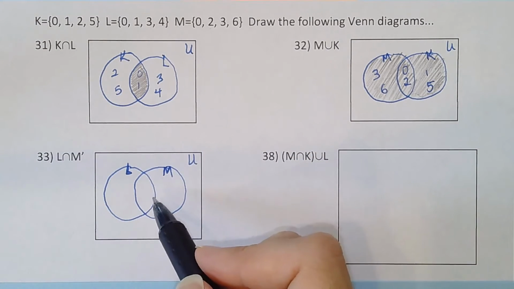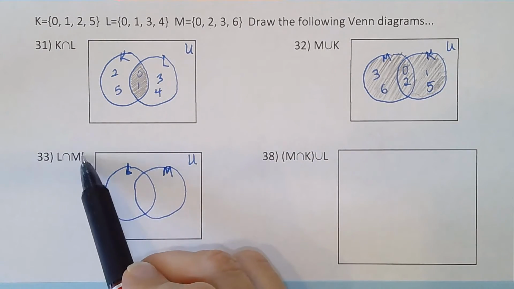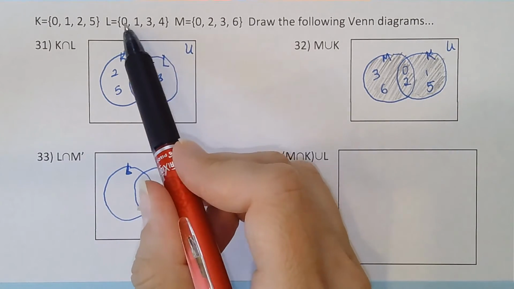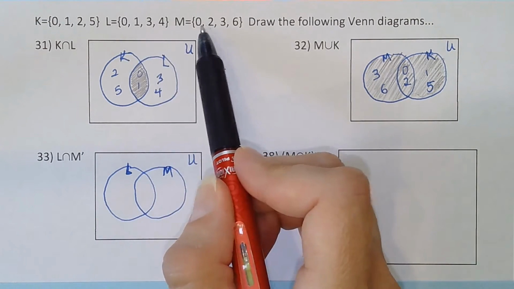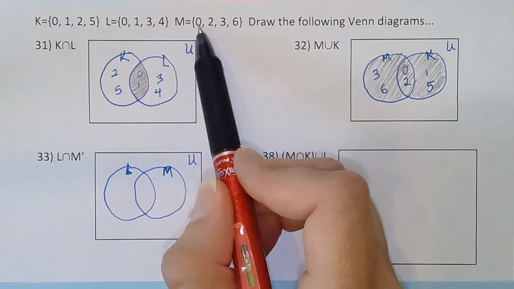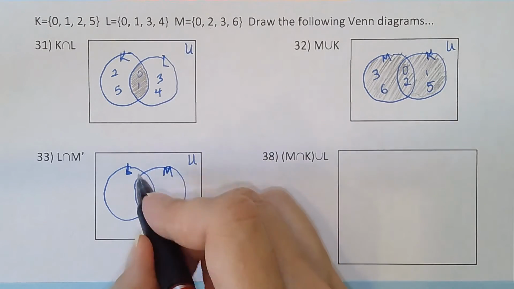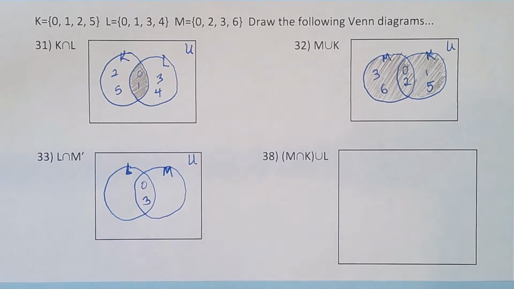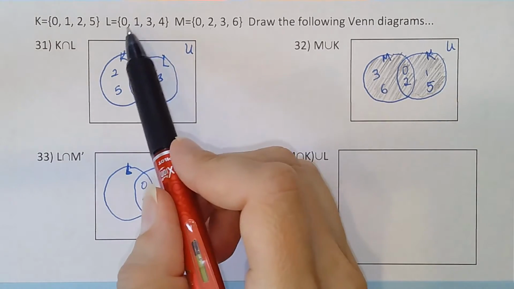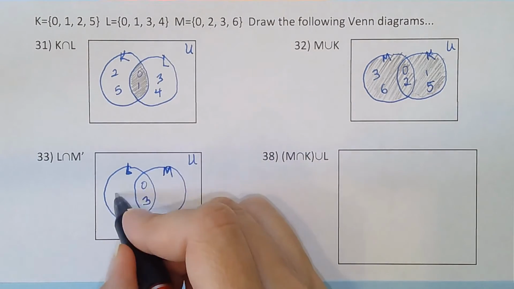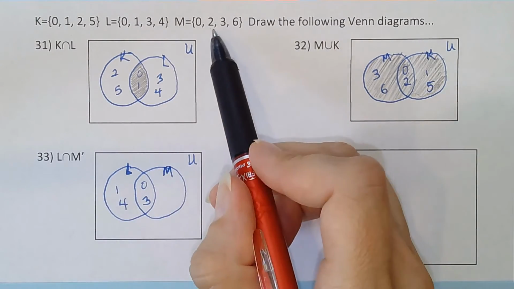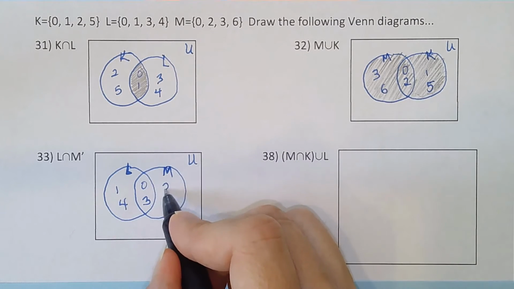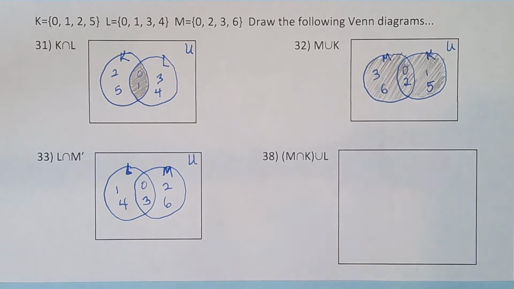So I'm going to fill in set L and set M, and I'll come back to that complement in just a minute. Right? So set L and M, what do they have in common? They've got 0 and 3 in common. So 0 and 3. And then other than that, L has 1 and 4. And M has 2 and 6. Right? So we've got our numbers set up.